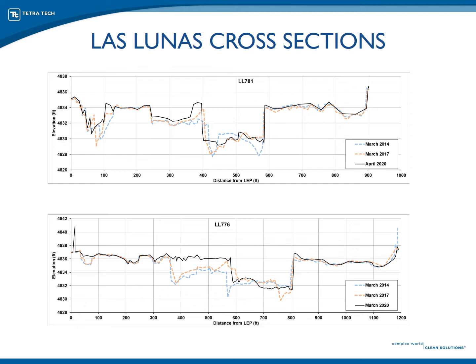Now, let's move away from that a little bit. These are the repeat cross sections at reclamation lines at Los Lunas, 2014 to 2020, three surveys there. And you see what's happening. On the margins of a roughly 200-foot wide channel, you start to see local levees forming.